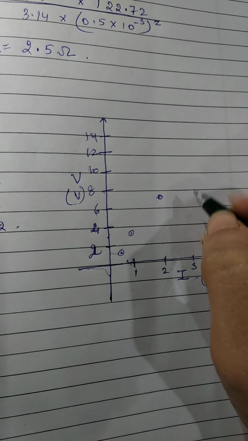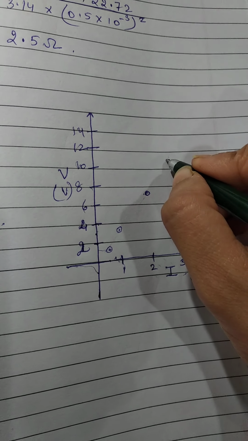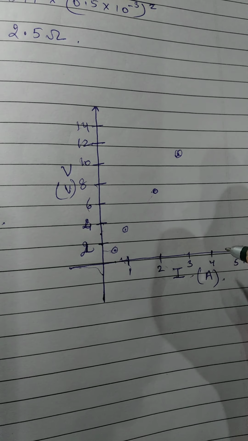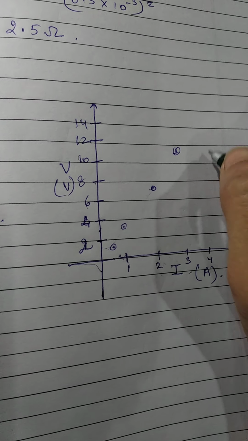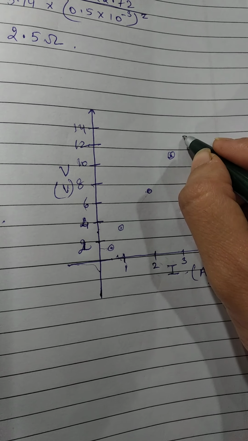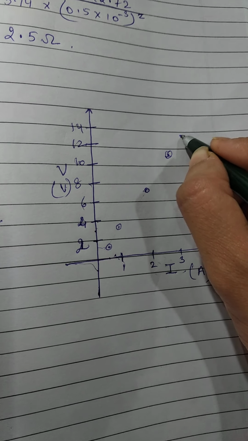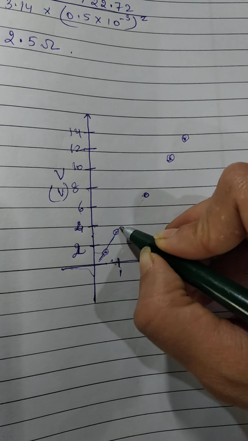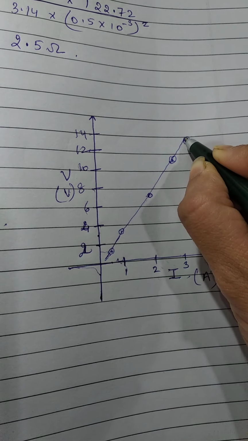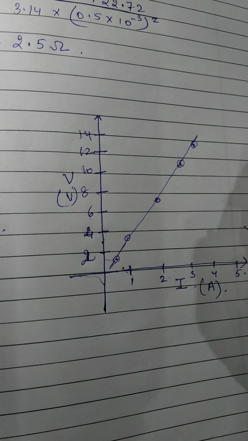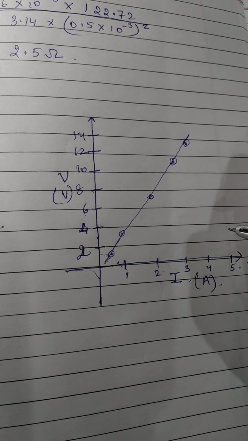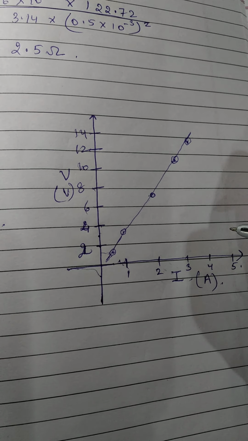At 3, it is 10.2. At 4, it is 13.2. You can take it approximately here. Once whatever values we get, we can join it with a straight line. Remember, a VI graph is a straight line. Since I have not drawn it to scale, you'll be drawing it to scale to get a straight line.